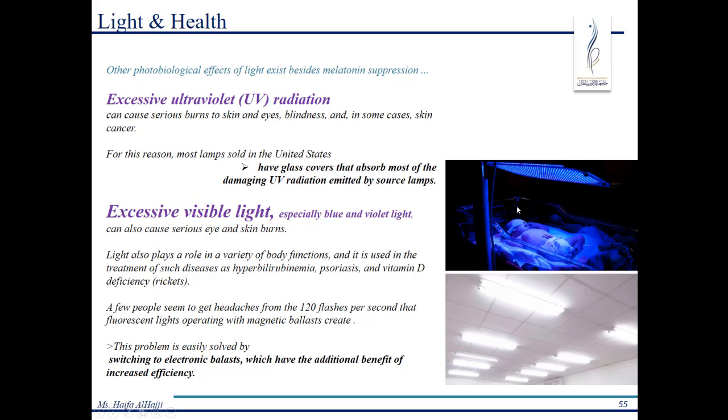But exposure to it, as we can see, actually affects the biology of our body. Excessive visible light, also sometimes near the ultraviolet spectrum, will cause some headaches, as we can see here. High exposure to this type of lighting, the fluorescent lighting, will sometimes cause headaches for some people. That's why we need to be careful with the light choice and the amount of light we are receiving.